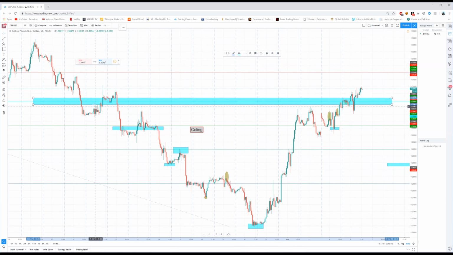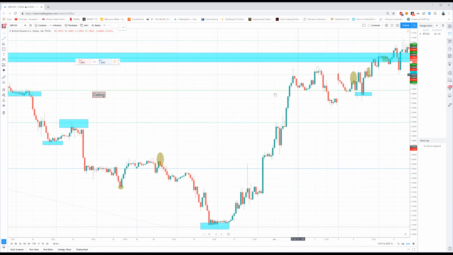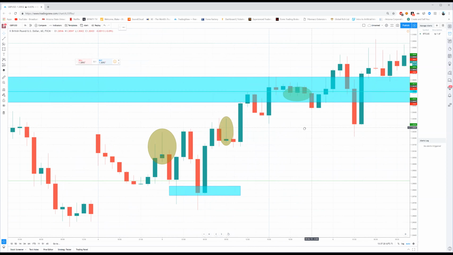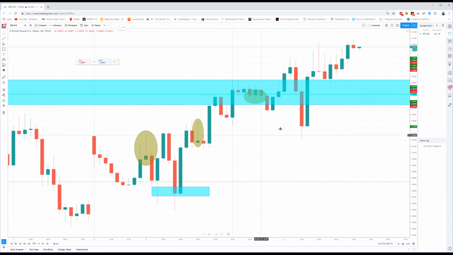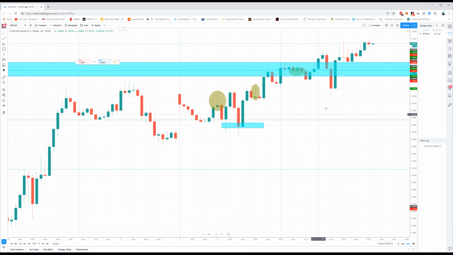So using the top of these ones, and then if we zoom in over here, it's also the top of this candle and the bottom of this doji. It fully encompasses this doji. That's pretty much what we're using. So then this is our price reversal zone.